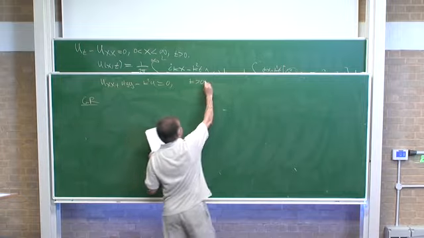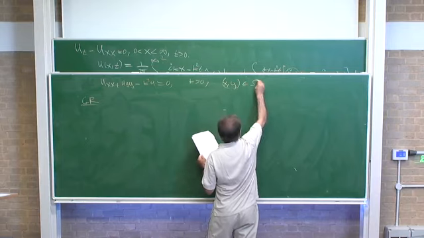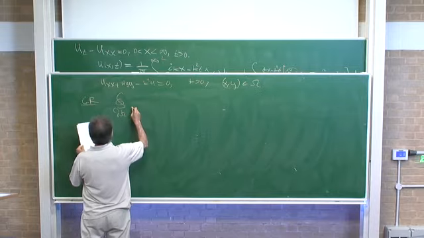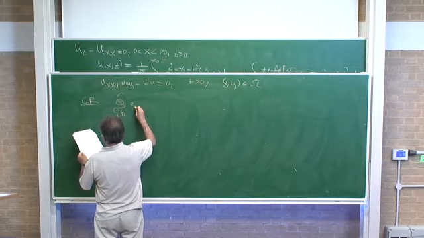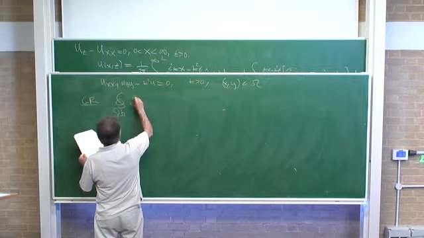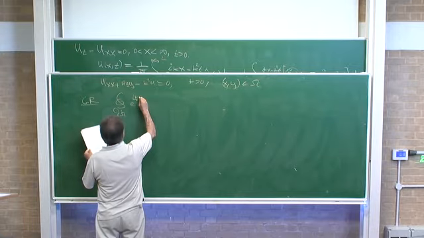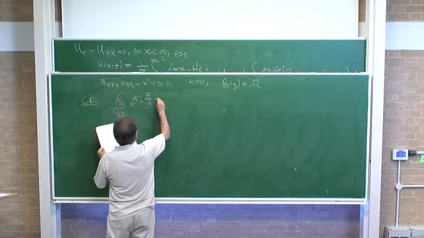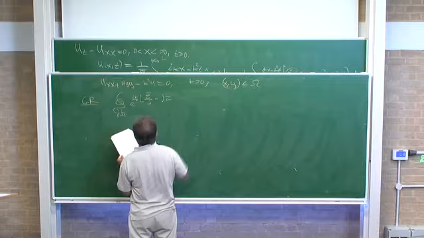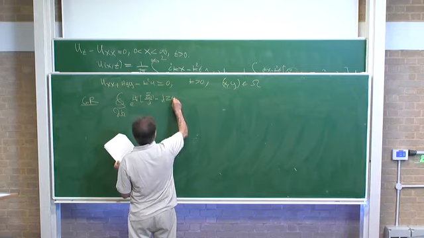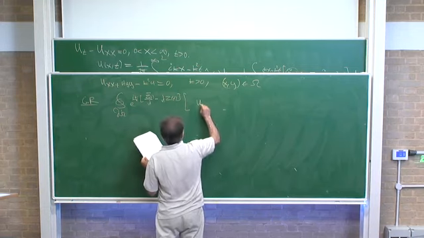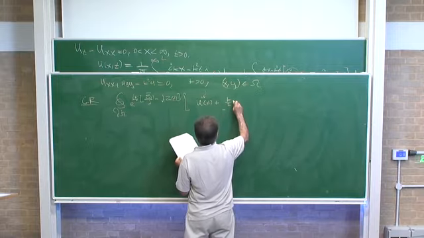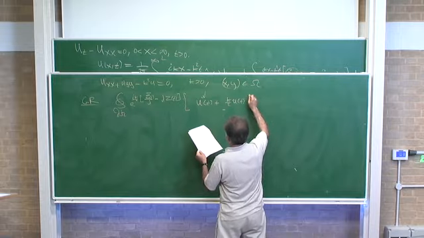So if this is valid in some domain omega, then the global relation is the integral around the boundary of omega of E to the I k over 2, z bar over lambda minus lambda z, and of course I parameterize the boundary by some parameter t, of u Neumann of t plus k over 2 u of t, of lambda.